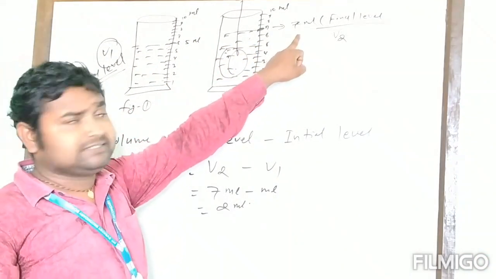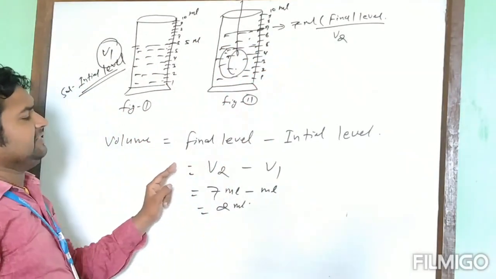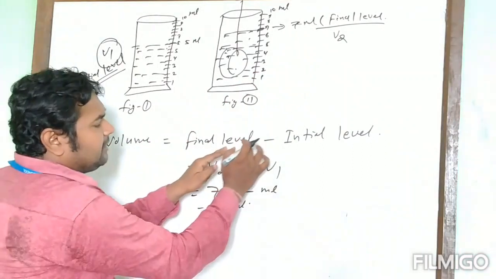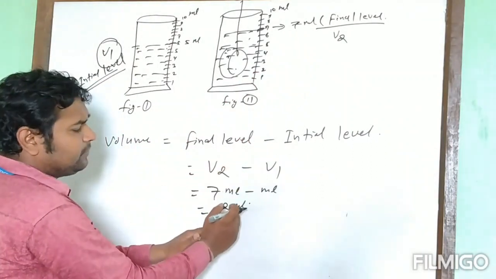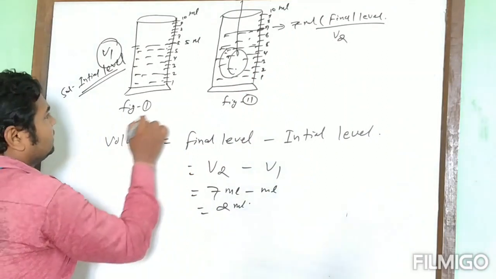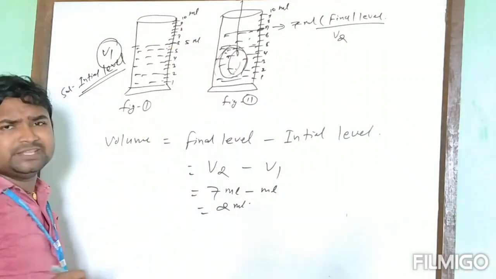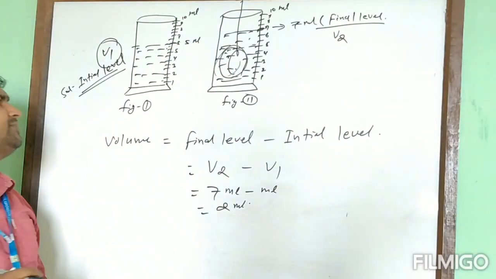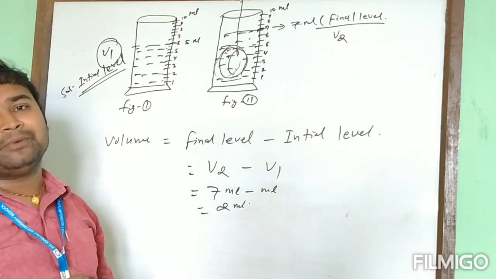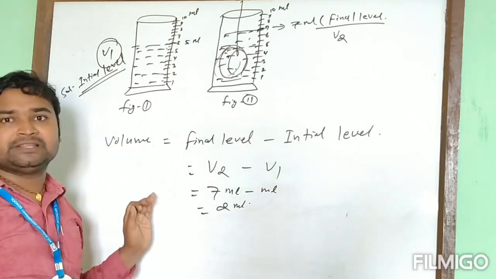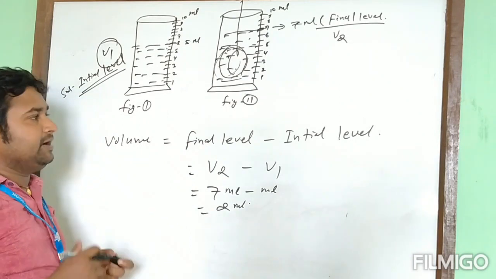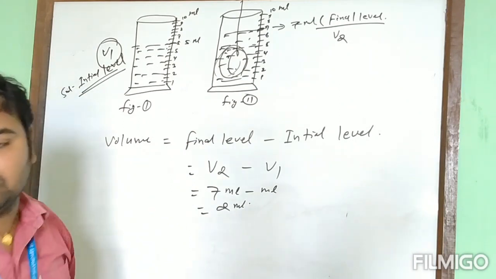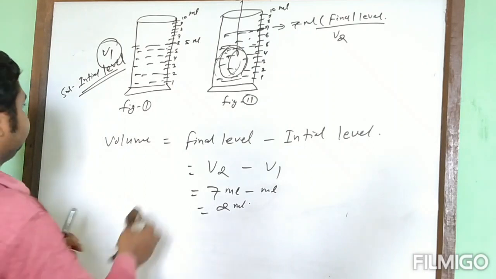After that it is level 7. So what is our answer? V2 minus V1, final level minus initial level, that is our 2. This is the required volume. In this way we can easily calculate the volume of an irregular body by using the measuring cylinder.